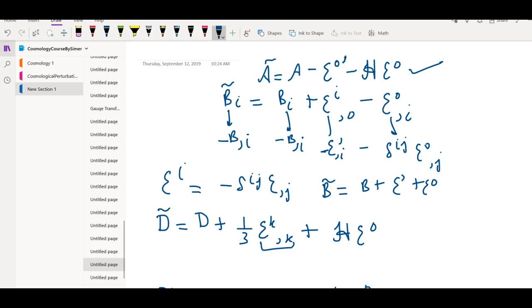How is the bi vector transformation impacted? In bi tilde, we replace this with the negative of gradient, and this also with negative of gradient. The xi 0 is kept as it is, but the others are replaced with negative of gradient. So when we do all this, we will get this.